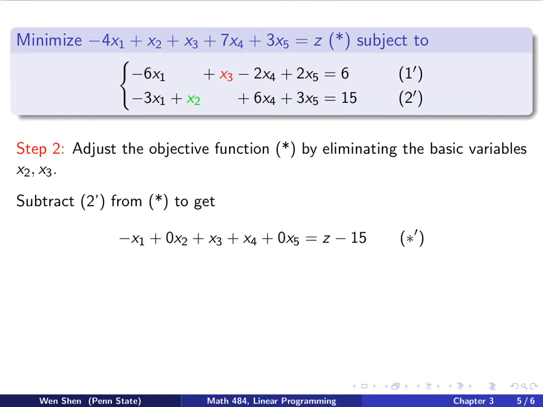Okay, and once we have done that, let's say multiply by -1, so this is +3, add -4, you get -1, x2 becomes 0, that's just the way we manipulate it, x3 is unchanged, and this is -6, add on top of 7, you get x4, and then -3 on that, it happened to be 0, and then the right hand side z, and then I have -15 coming from here. Okay, and now the star becomes this one, we write it star prime.